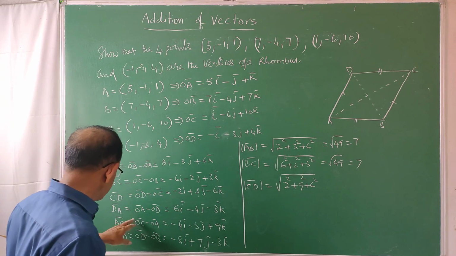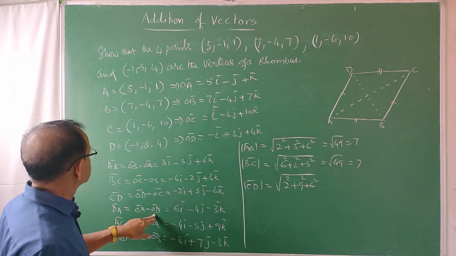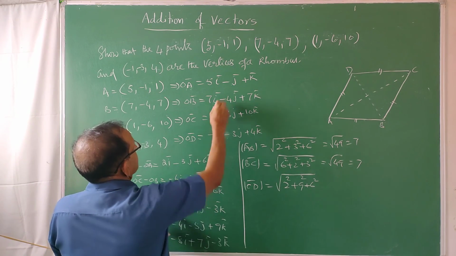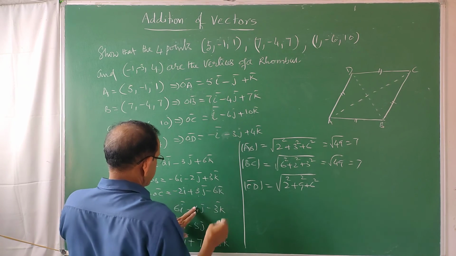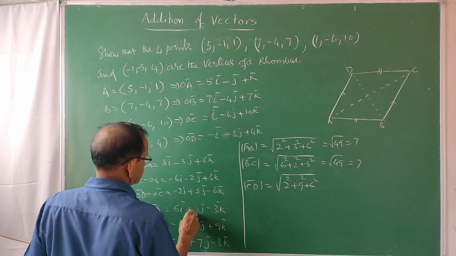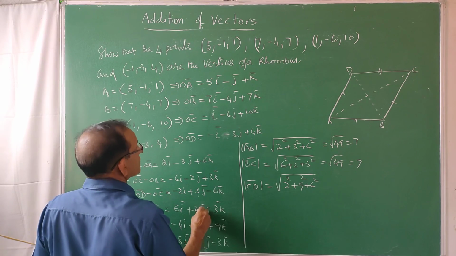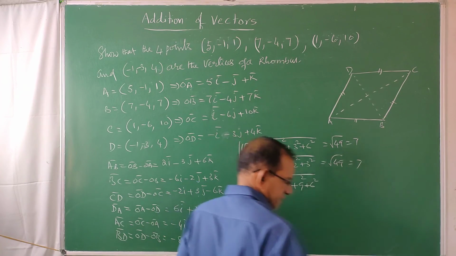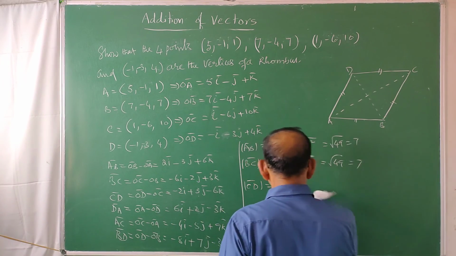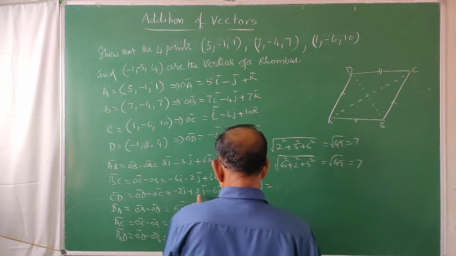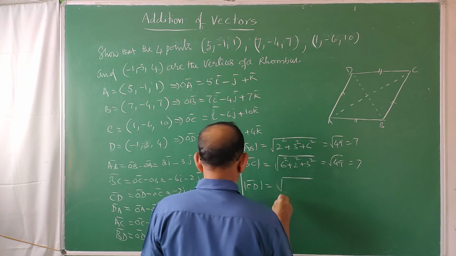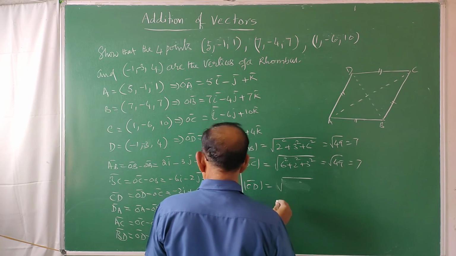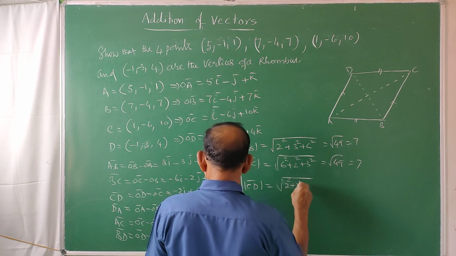In DA bar also you will get a mistake. OA bar minus OD bar, first minus fourth. 5i minus minus i, 6i. Minus j plus 3j, plus 2j only you will get. k minus 4k, minus 3k bar. Now the modulus of CD bar is root of 2 square plus 3 square plus 6 square.